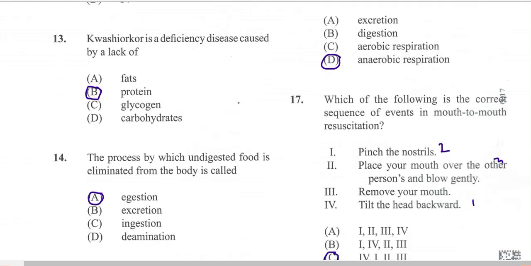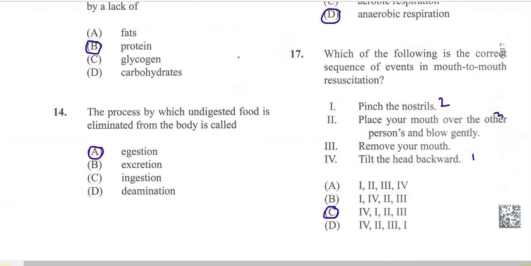Question number 17. Which of the following is the correct sequence of events in mouth-to-mouth resuscitation? Now, most persons would have forgotten that this is actually something to be assessed or taught for the exam. Let's look at what's happening here. The responses are: pinch the nostril. That could never be the first thing.